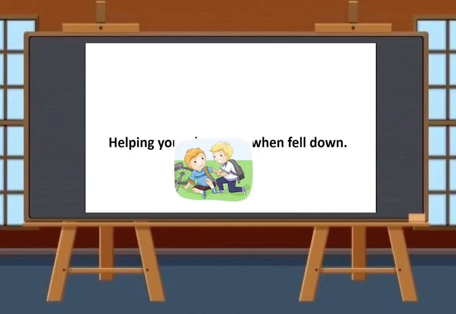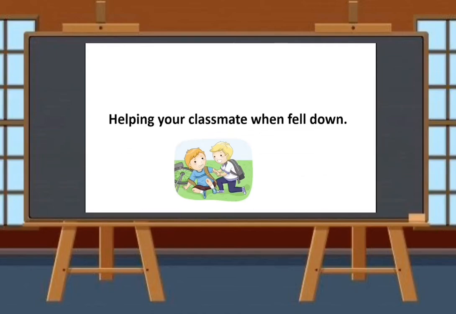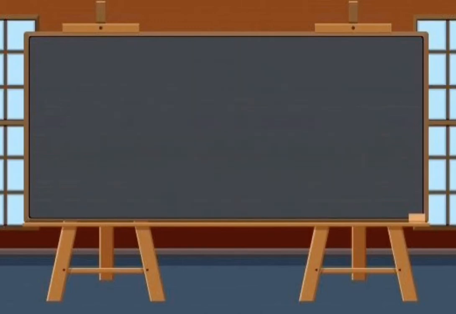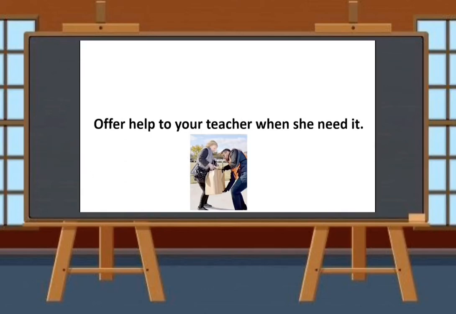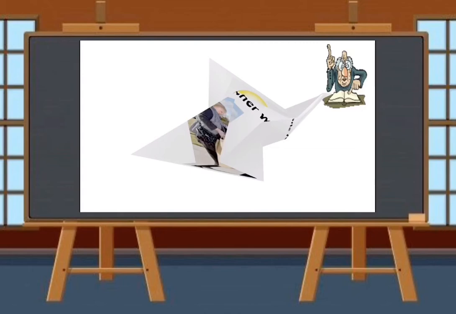Helping your classmate when he falls down. Awesome! The answer is happy face. Next is offer help to your teacher when she needs it. Very good. The answer is happy face.